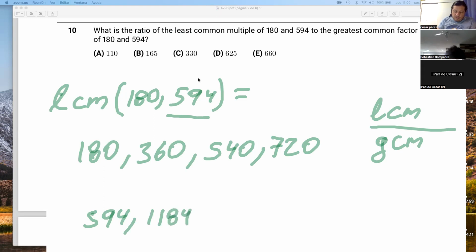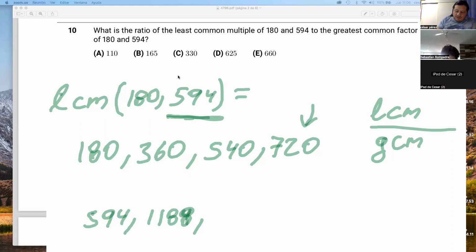1184, I think. No, 1188. Okay, 1188. The next it's okay. But we need a number that ends with 0.